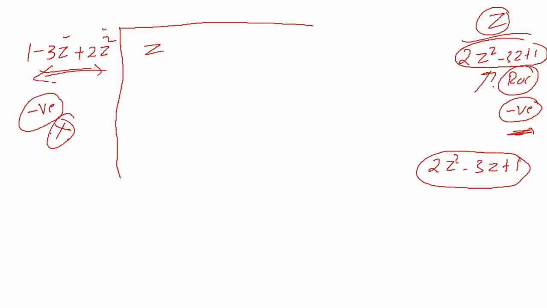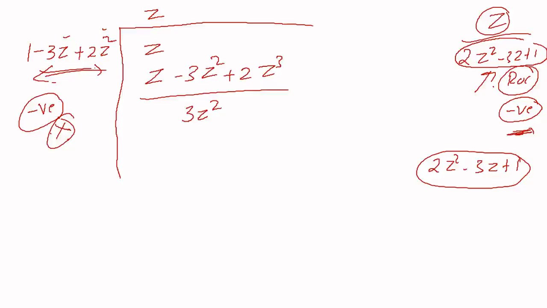Okay, so how to do this particular problem? It is just a long division, same as numerical long division. So into z, this particular coefficient I am putting as z. 1 into z is z minus 3z square plus 2z cube. Agreed? So subtraction will yield me 3z square minus 2z cube, right? So what is the next one? Next, multiply 3z square.